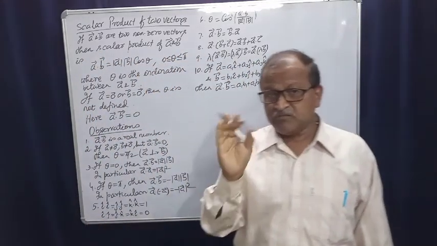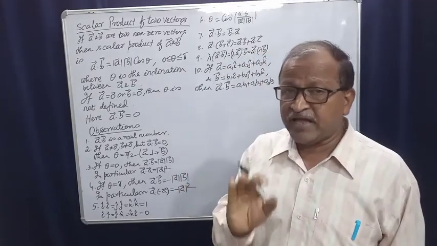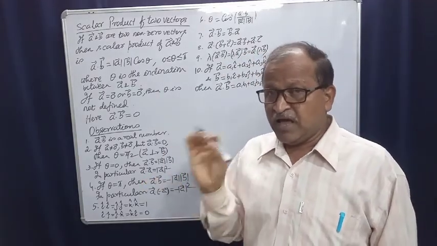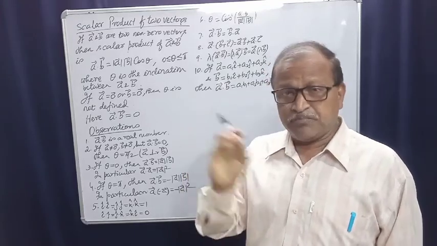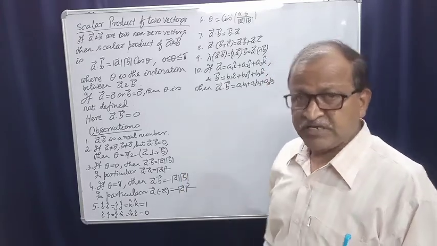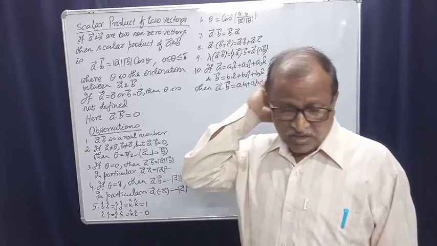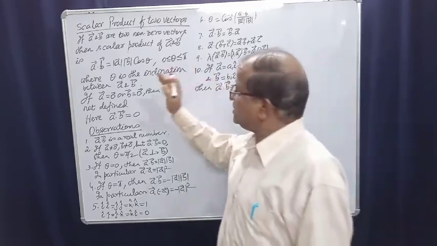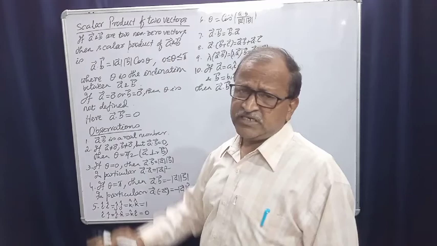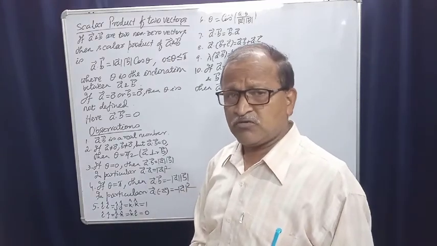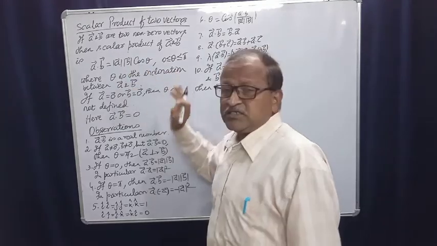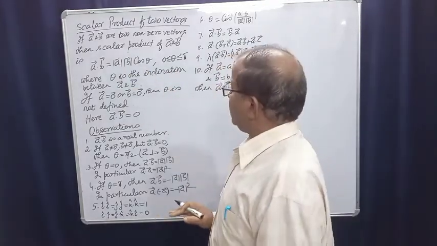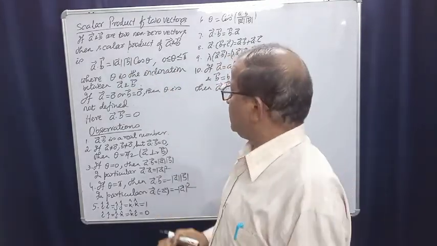Don't confuse angle and inclination. Angle is always greater than 0 and less than pi. But inclination is greater than or equal to 0 and less than or equal to pi. So theta is the inclination between A and B.